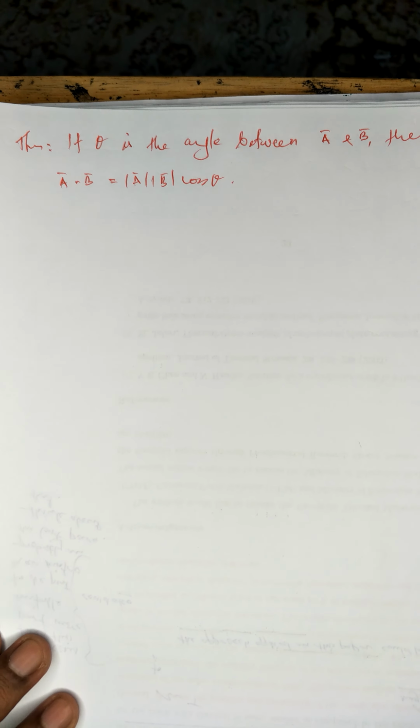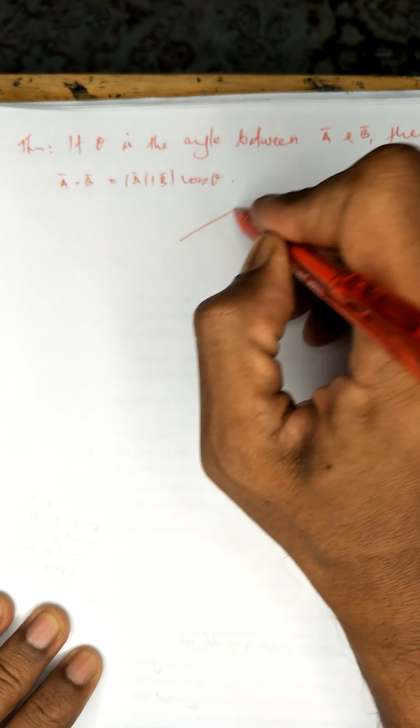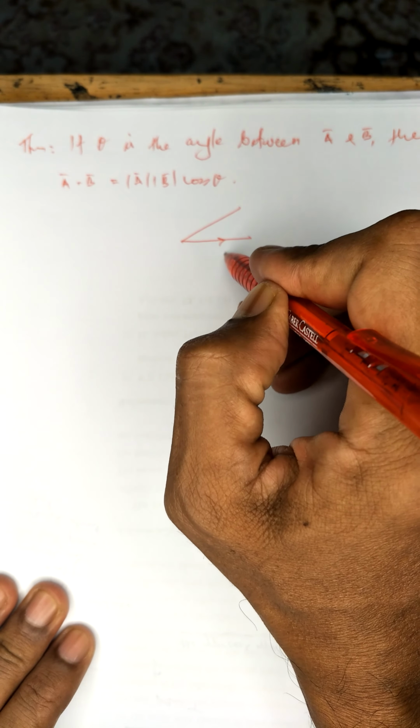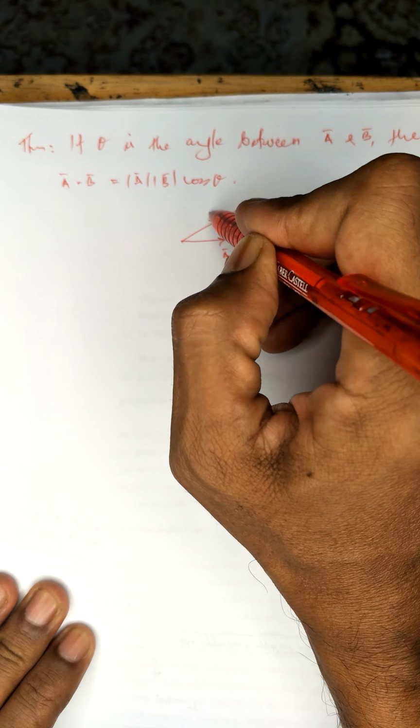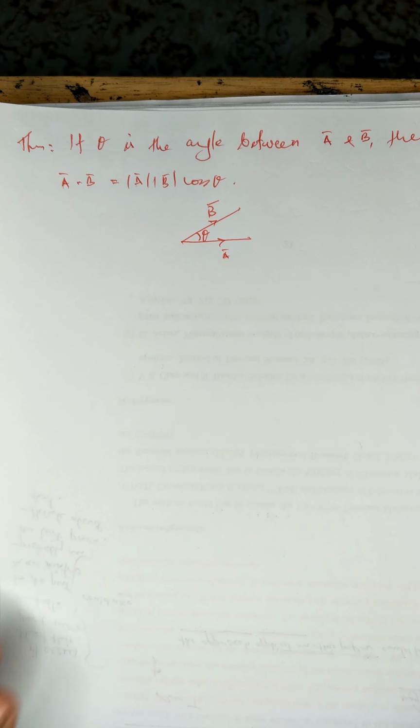Now, how to prove this? Or you can visualize this. Let's say this is your vector A, this is your vector B, so the angle theta is here.